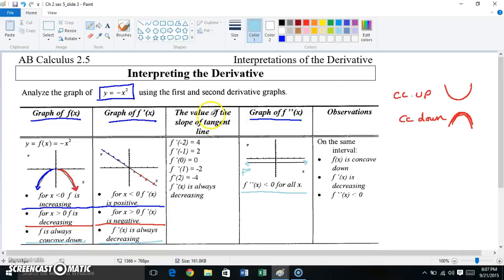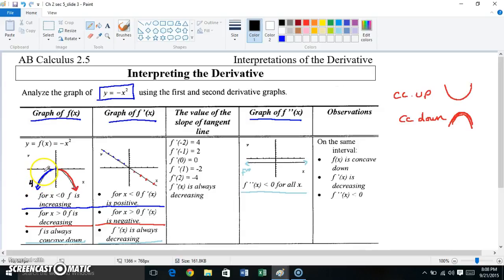All right, let's take a look at some values of the slope of the tangent line at particular locations on our original function f of x. Okay, so at -2, maybe the slope is +4. Right, +4 out here. Okay, so slope here might be a +4.